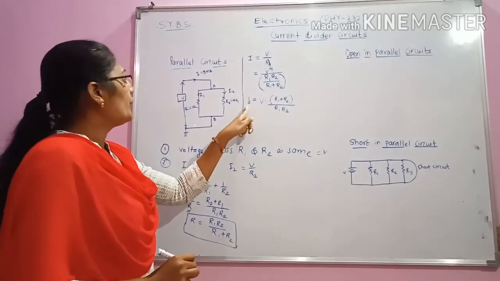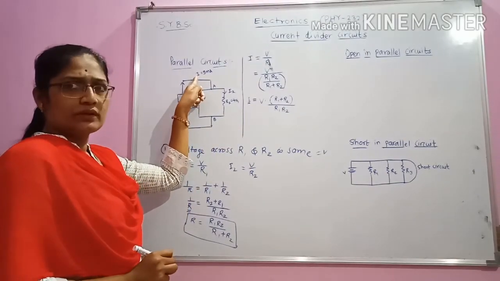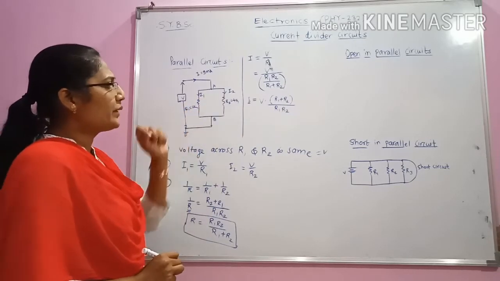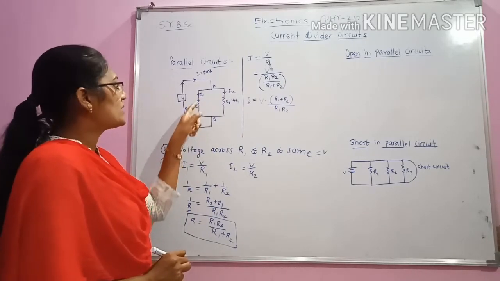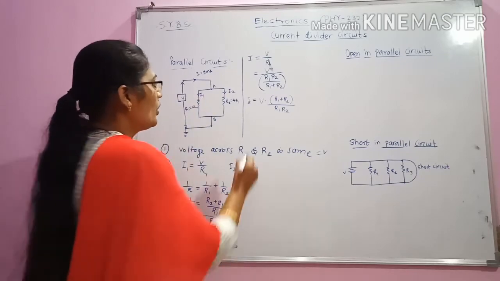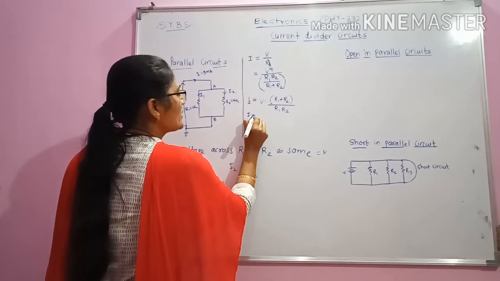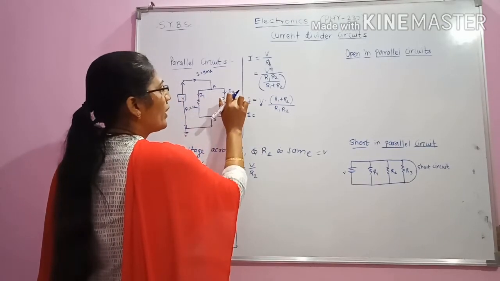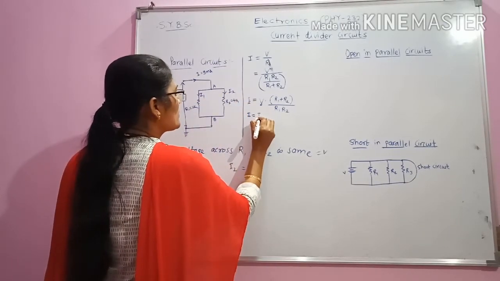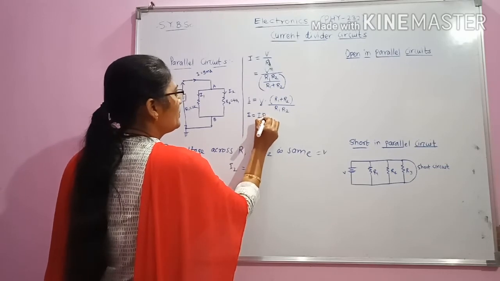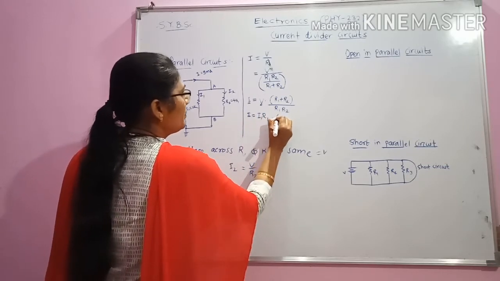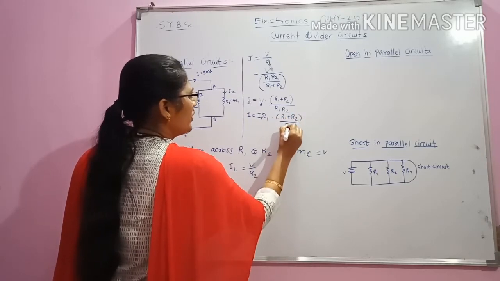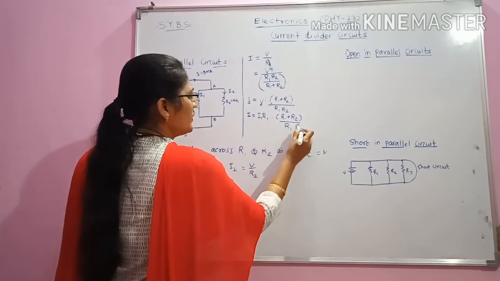Now we know that I is constant, but we want to find the branch currents I1 and I2. In order to find them, we will substitute V, which is nothing but I1 R1 or I2 R2. So we substitute I1 into R1 equal to I into R1 R2 divided by R1 plus R2.